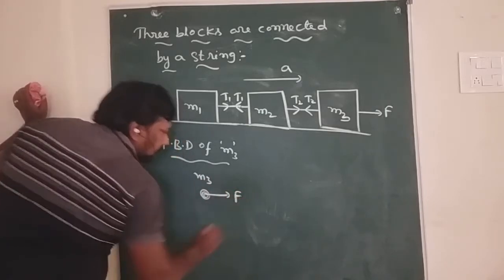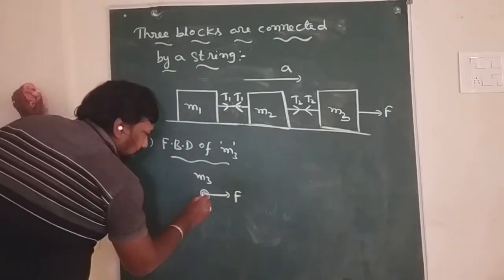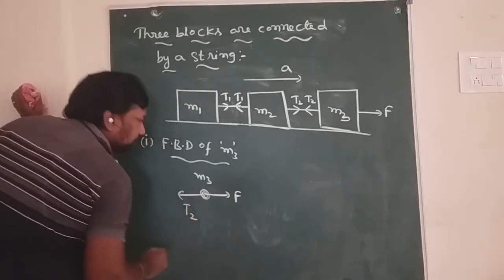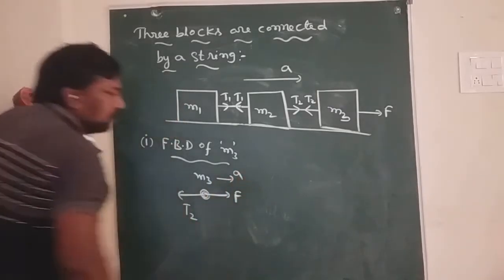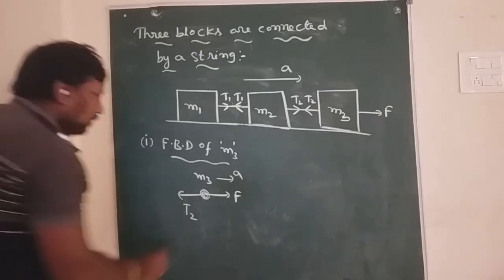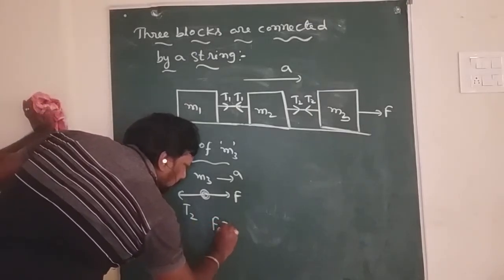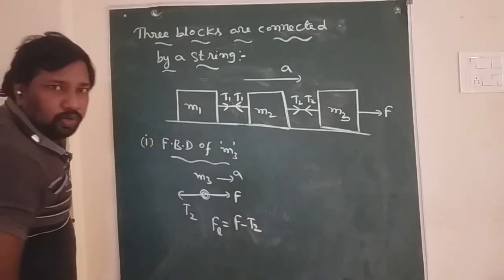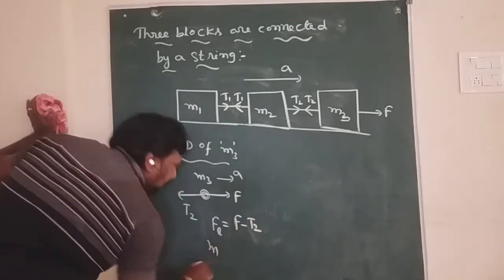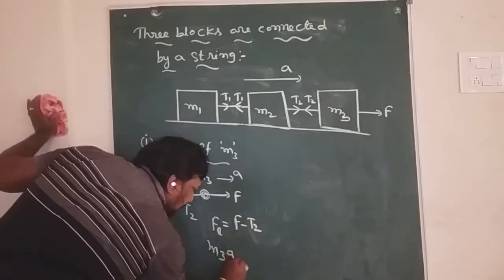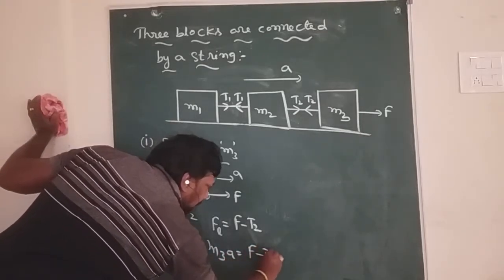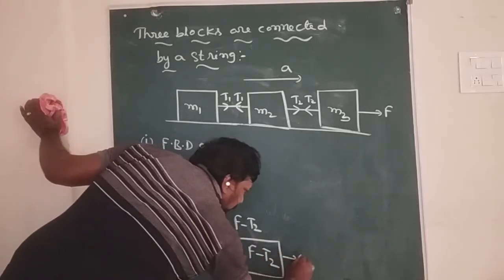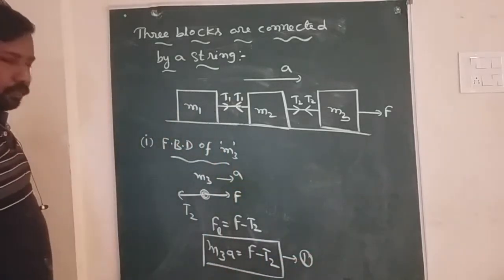Here the right side pulling force is acting on the M3 block, and on the left side tension force T2, but the acceleration of the block is towards the right side. So the resultant force Fr equal to F minus T2. According to Newton's second law, Fr equal to ma, that is M3a equal to F minus T2. This is equation number 1.